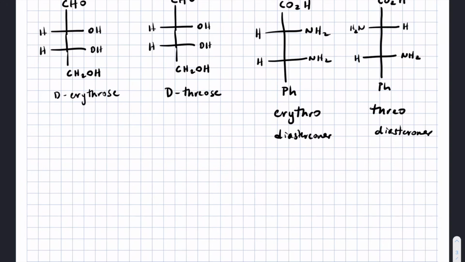Okay, so enantiomers cannot be distinguished except by other chiral molecules or other chiral environments. Your text talks about chiral crystallization or derivatization of a chiral molecule with another chiral molecule to enable enantiomeric separation.